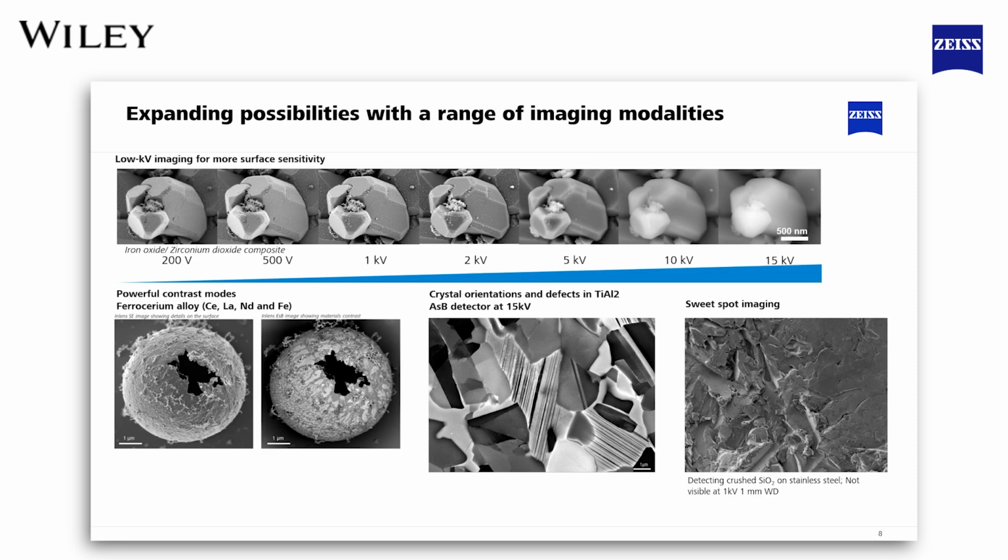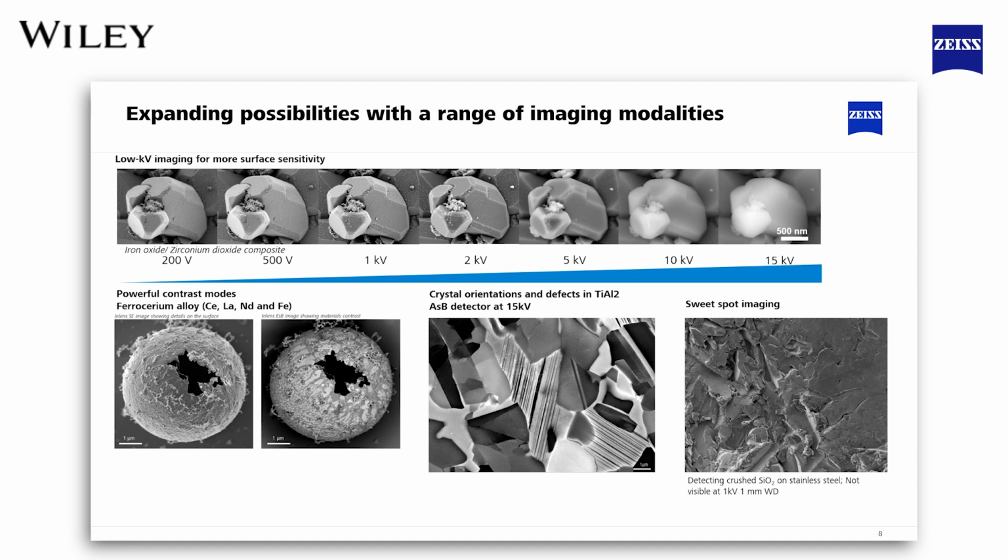Now, without drilling too deep and going over all of the imaging capabilities of the Gemini SEM, I'd like to give you a quick overview of various things that you could achieve. We have the low kV imaging at the top that shows how we can achieve best surface imaging results by optimizing the low kV. In the bottom row, the left image shows optimizing contrast through different detectors to differentiate different phases in ferrocerium alloy.